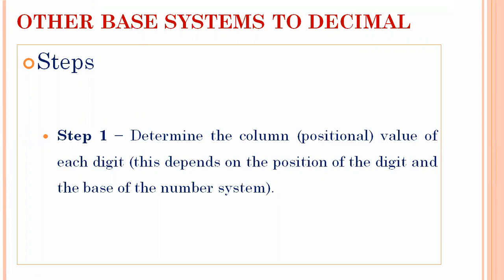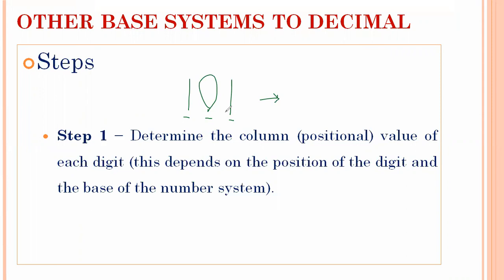So step one is to determine the position value or column value of each digit. That depends upon the position of the digit and the base of the number system. Basically, if we have binary 100, when we convert it into decimal form, we will see the positions, and based upon those positions, we will apply the method as per the base of the number system.